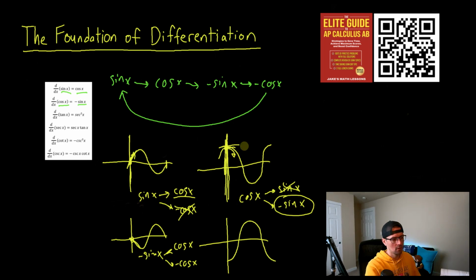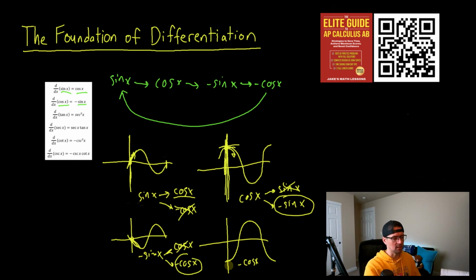If this is positive cosine, negative cosine would just be reflecting over the x-axis, flipping it vertically. We need the function that has a negative y value at x equals 0, because negative sine of x clearly has a negative slope at x equals 0. You can see clearly that negative cosine is the one with a negative y value. So negative cosine x is the derivative of negative sine x.